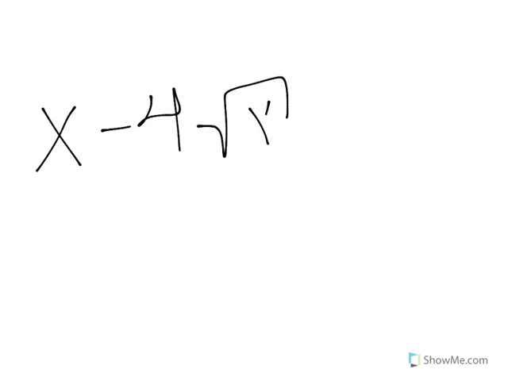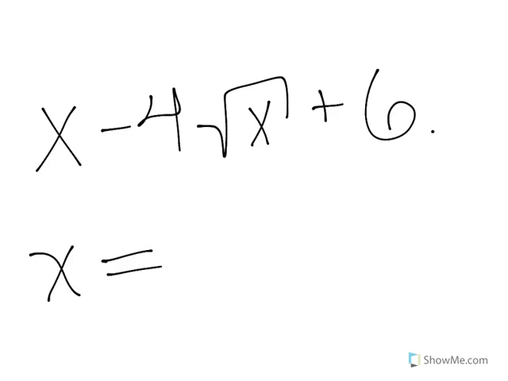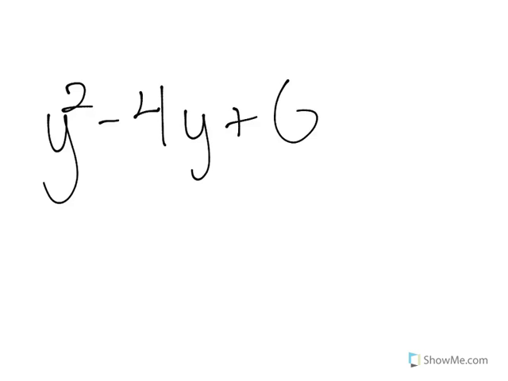For example, if we had x minus 4 square root of x plus 6, we could actually substitute x and say that x is equal to y squared. And so if we substitute y squared for x, we actually find that we have y squared minus 4y plus 6, which is just a polynomial with degree of 2.